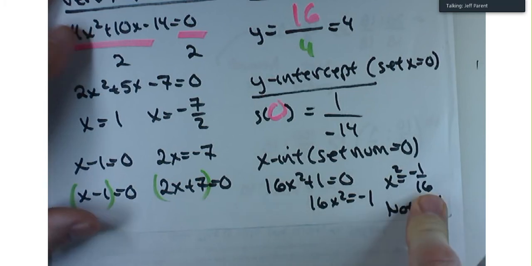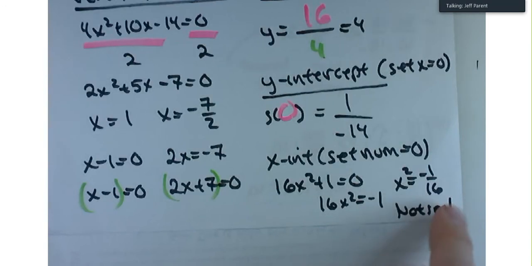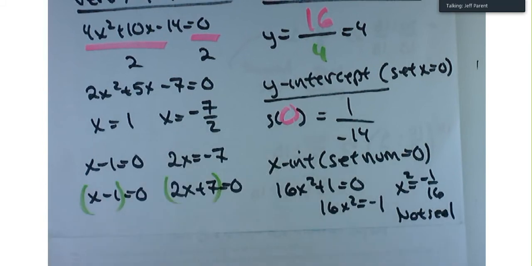Because if you take the square root of both sides, you're going to get a complex number, an imaginary number. So this graph should not cross the x-axis. It should be on one side or the other. In fact, it'll probably change sides of the x-axis at these points, but it'll never actually touch the x-axis.